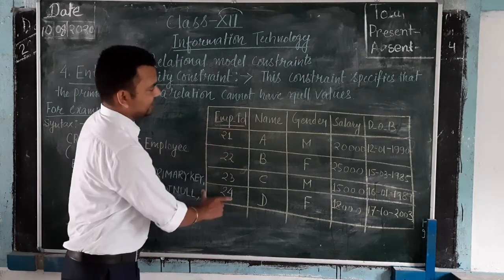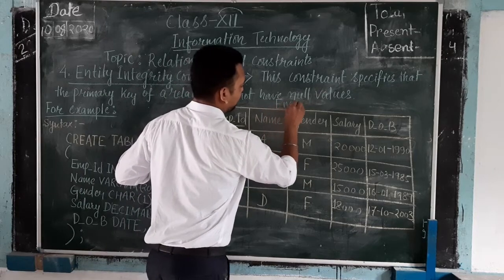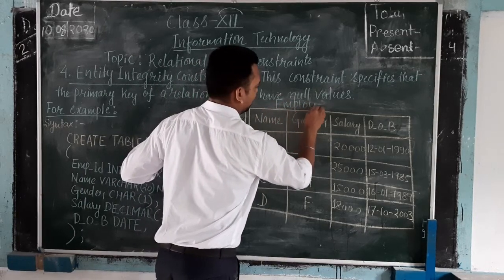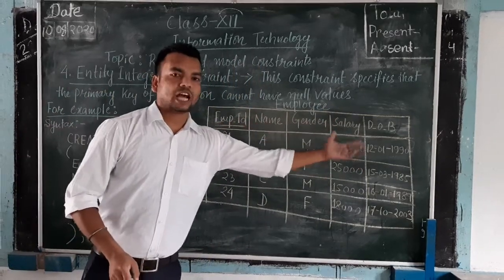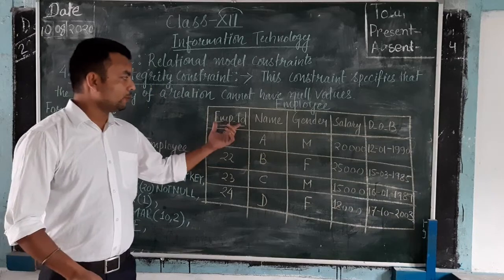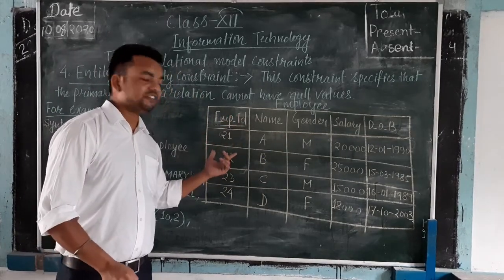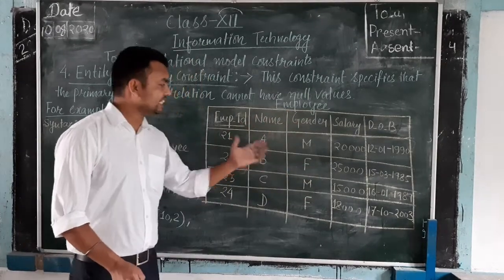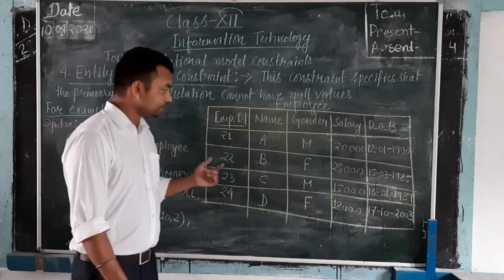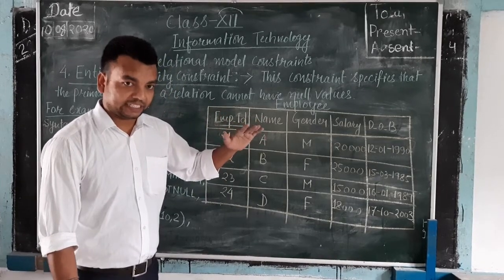Here, in our employee relation, there are 5 attributes. Out of these, employee ID is one particular attribute which uniquely identifies a particular employee in this relation. So, this employee ID has been marked as a primary key.